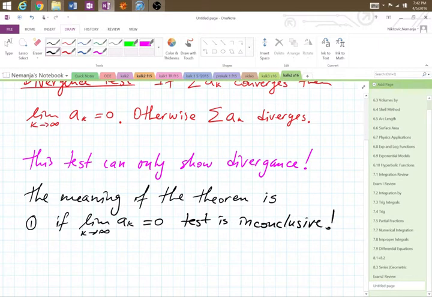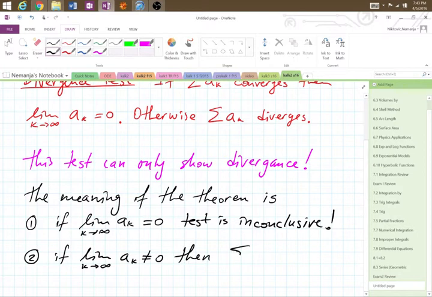You can't tell anything about the series if the limit is 0. You can't claim convergence, you can't claim divergence, nothing. Number 2, if limit as k goes to infinity of a_k is different than 0, then series a_k diverges. And that is something that, so this is the divergence test, and it can only be used to show divergence.